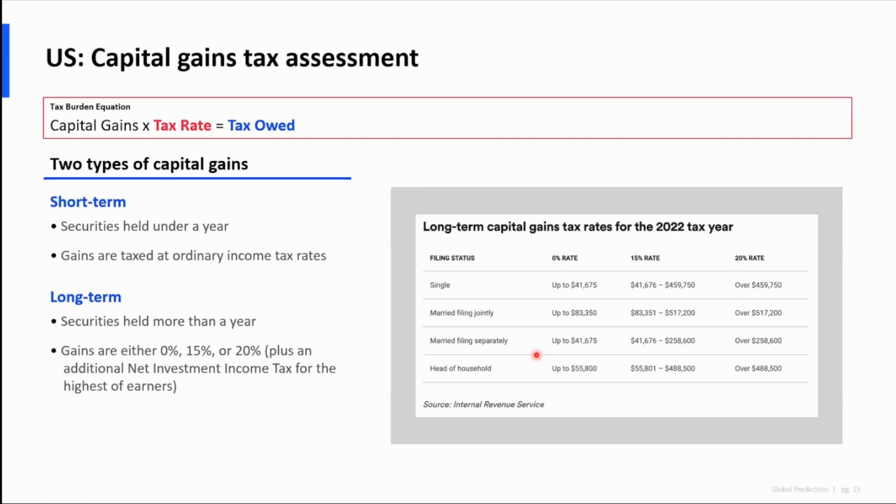The thing I'll say about the US is, if you can, you generally want to only realize long-term capital gains, because the long-term rates are a lot more generous than the short-term rates, which are your ordinary income rates. So it's quite punitive to hold something for less than a year, sell it at a gain, and have to pay out a lot of taxes when you would have rather potentially held it for longer. But if you've sold it at a short-term gain, you can always do the harvesting that we're going to talk about to try to mitigate that.